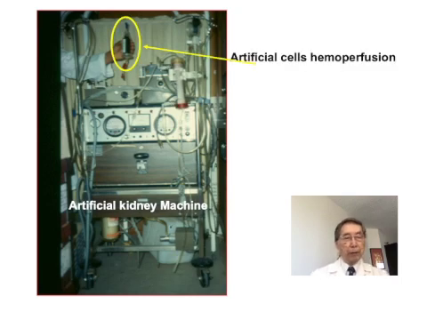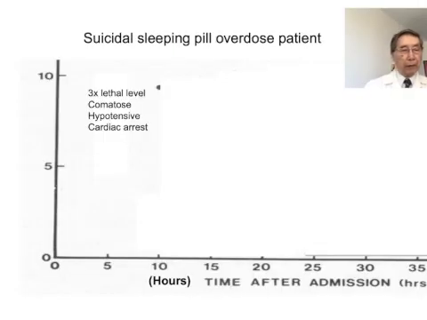The artificial cell compared to artificial kidney, 70 grams. This is a patient admitted with 3 times the lethal level of sleeping pill, comatose, in shock, the heart stopped a number of times.